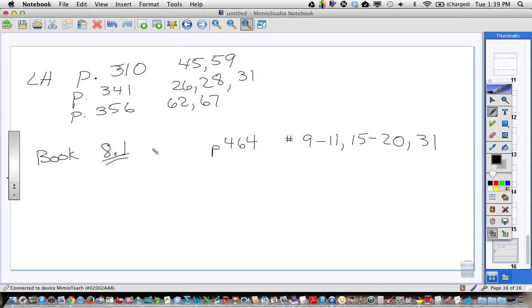So like page 310, you'll notice is all algebra type integrals. And I think 341 is trig maybe. And then I think 356 is like exponentials and logs. So we do a bunch of work with algebra equations, then we go to the next chapter and do the same work but with trig functions and then whatever.